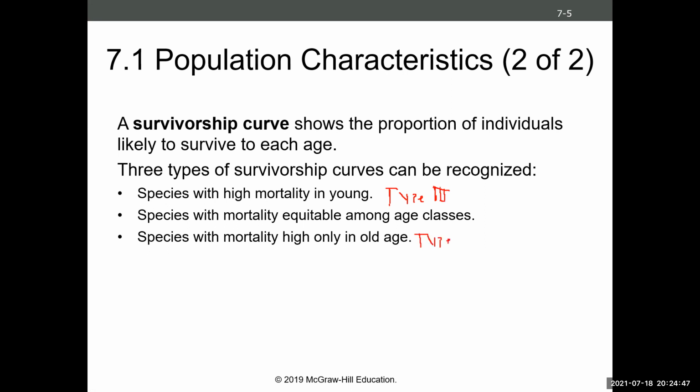Species that have low mortality in their young have a type 1. And then when it's proportional, regardless of the age class, it's a type 2. So for example, humans are a type 1, fish could be a type 3, and then birds are a type 2 survivorship curve.